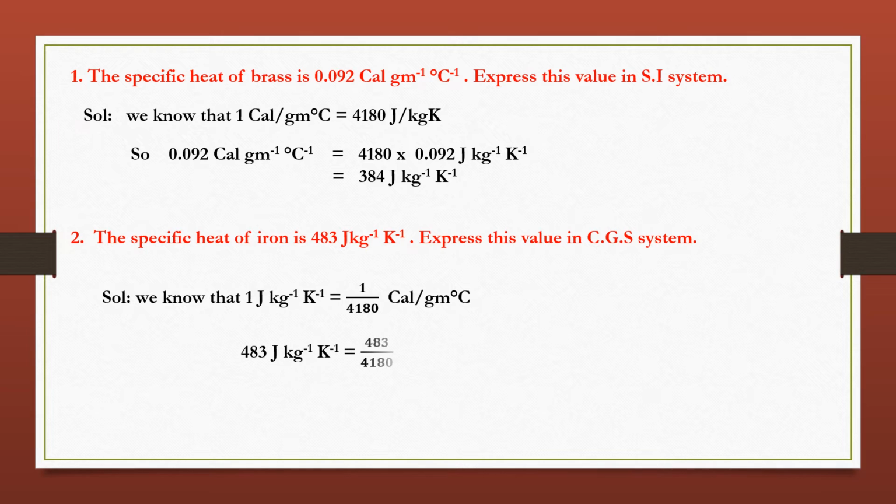So 483 joule per kg per Kelvin is equal to 483 by 4180 calorie per gram per degree Celsius. Now, if we want to convert SI system of units to CGS system, we have to divide the given value by 4180. So finally, we get 0.115 calorie per gram per degree Celsius as the specific heat of iron in CGS system of units.